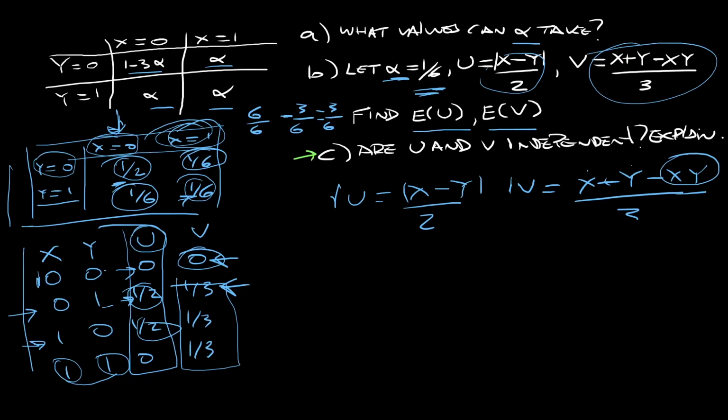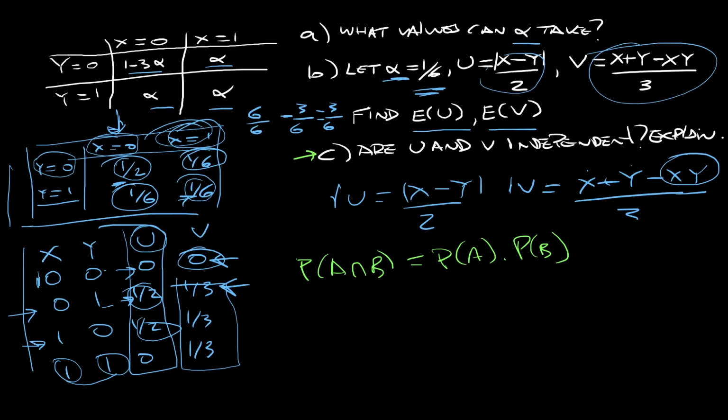To solve this last problem, we need to use both tables again. There is this property that says that two variables are independent. This happens when the probability of A and B is equal to the probability of A times the probability of B. In our specific case, we are using U and V, but this is the same thing.